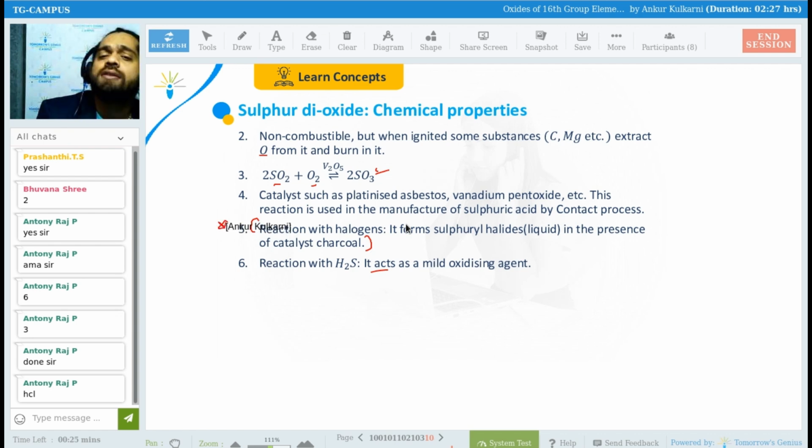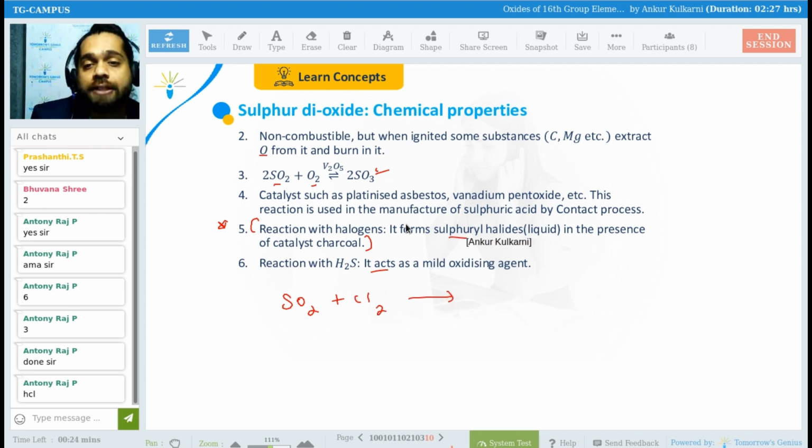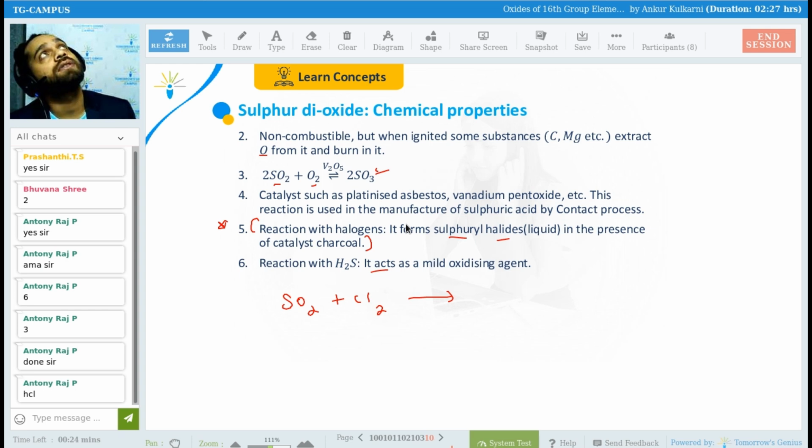Reactions with halogens. If I react sulfur dioxide with halogens, for example Cl2, it gives me sulfuryl halide. Now, what is sulfuryl halide? It is like thionyl chloride. Does anyone remember thionyl chloride?